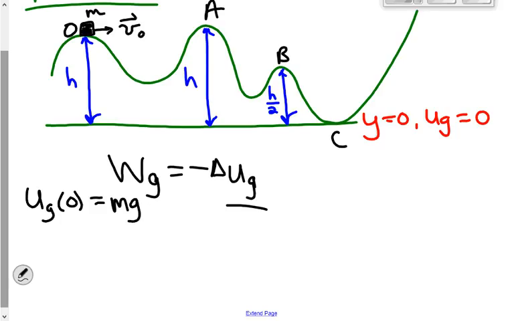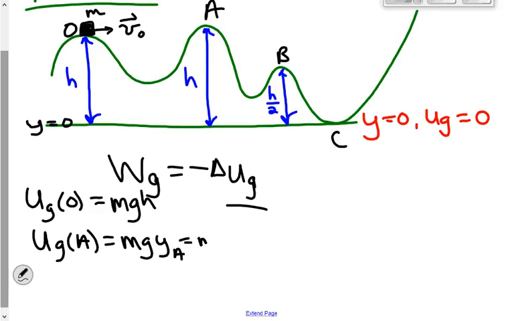No, this is 0 up here. So it's mgh. Okay, it's going to be the height, the y value above here where we let y be equal to 0. How about at point A? Yeah. So if we wanted to, we could call it mgya, but ya is going to be equal to h.